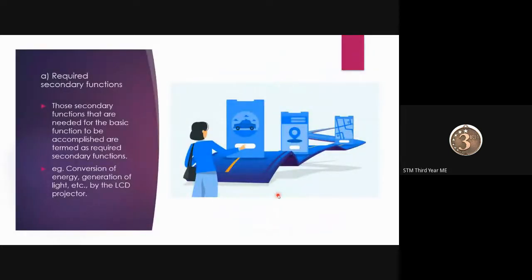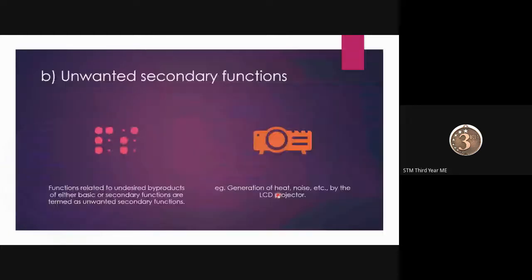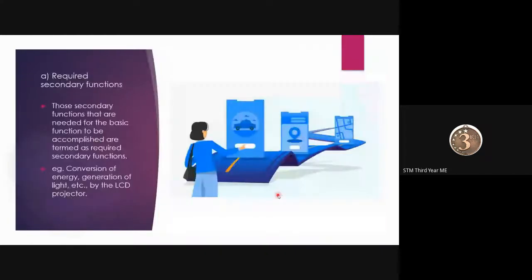So the required secondary function is also given here, and the other is the unwanted secondary function. Two examples are given here. The example given for the required secondary function is the conversion of energy and generation of light by the LCD projector. We are providing electrical energy.